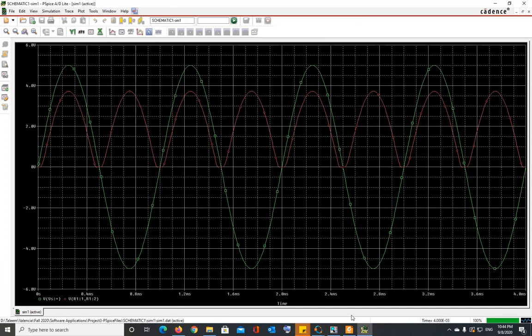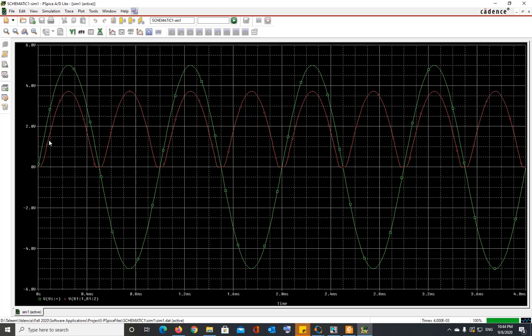That's why you see that the peak value is much lower than this, about 1.4 volts lower. This is about 3.6 volts, which is 5 minus 1.4, right? Because 0.7 volt is dropped across each of the diodes, so the total voltage drop in one direction is 1.4 volts.